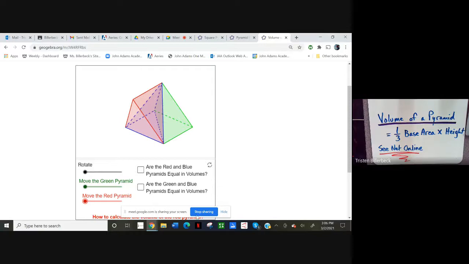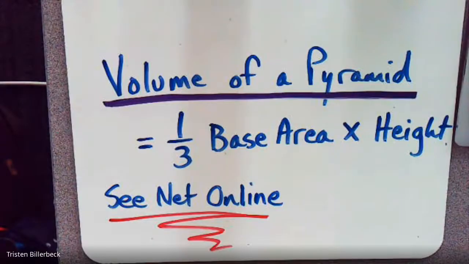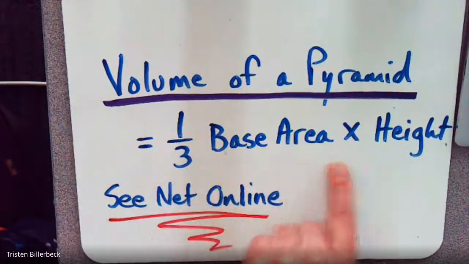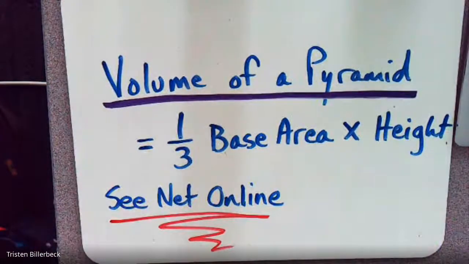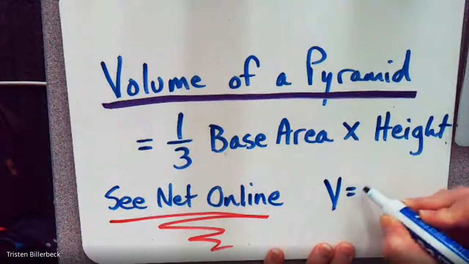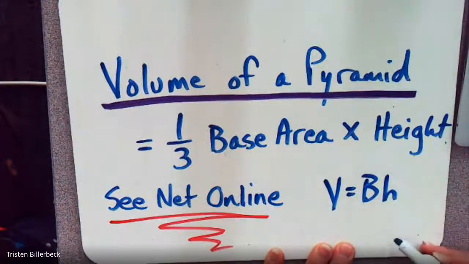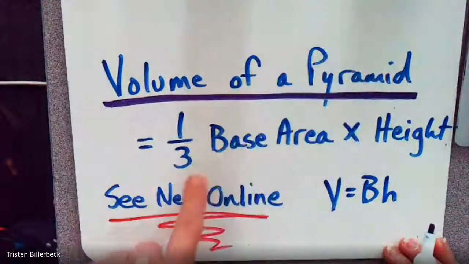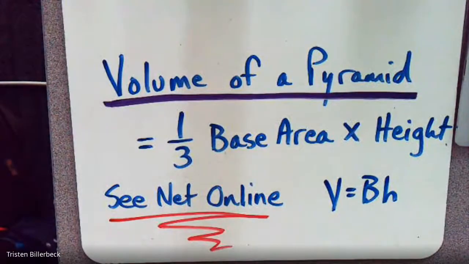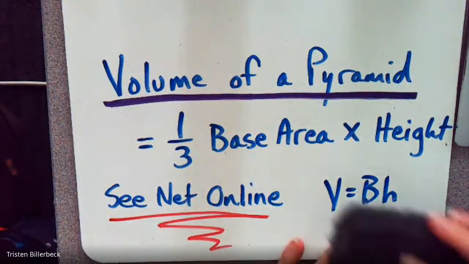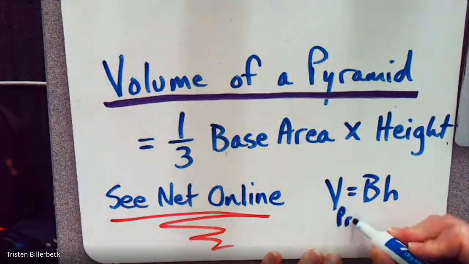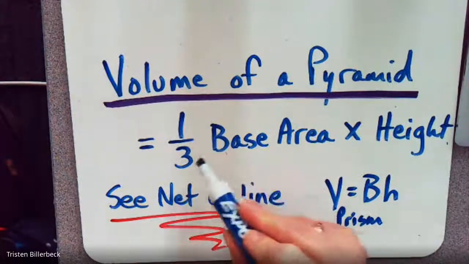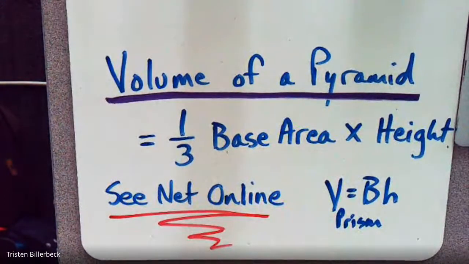Okay, so that's where this formula comes from. 1/3 base area times height for pyramids, because for prisms, it's just volume equals base area times height. So this is volume of a prism versus volume of a pyramid.